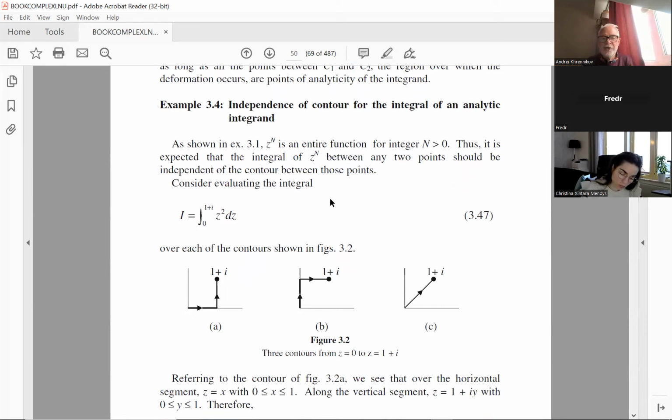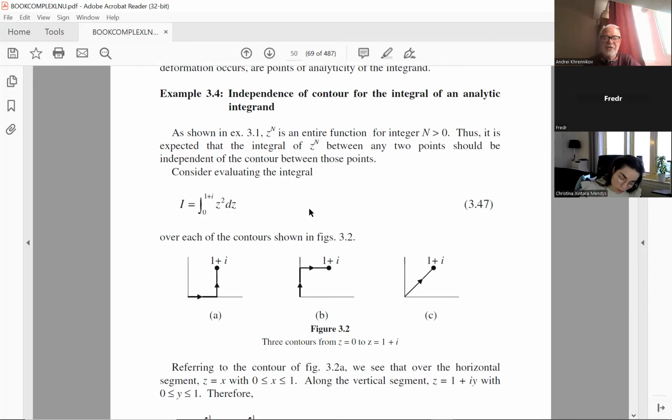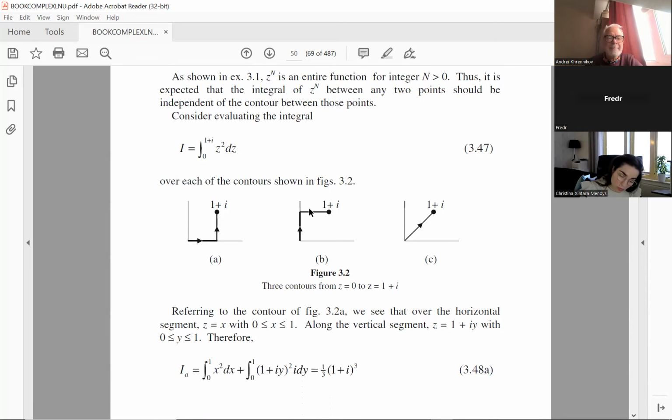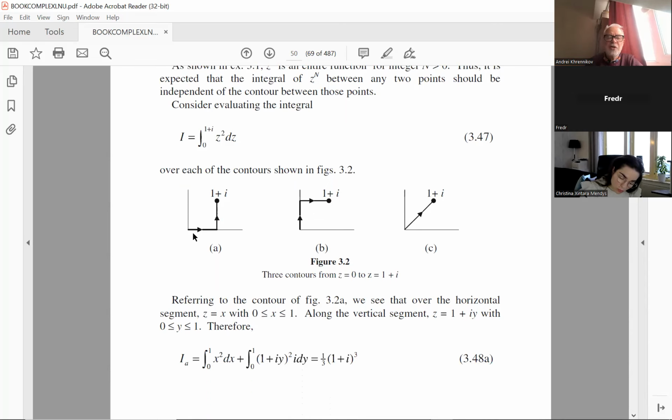But if the function is already written as a function of z, you can take the derivative as you typically do. So the derivative of z squared is 2z, of z to the n is n z to the n minus 1, and so on. If the function is already written as a function of the single variable z, you can differentiate it as you did with usual variables.